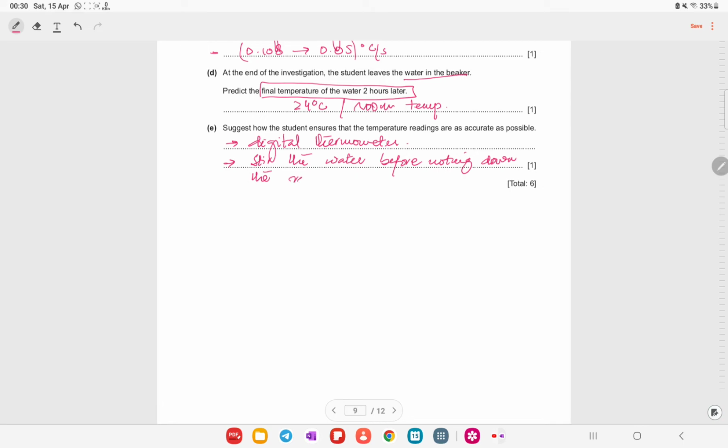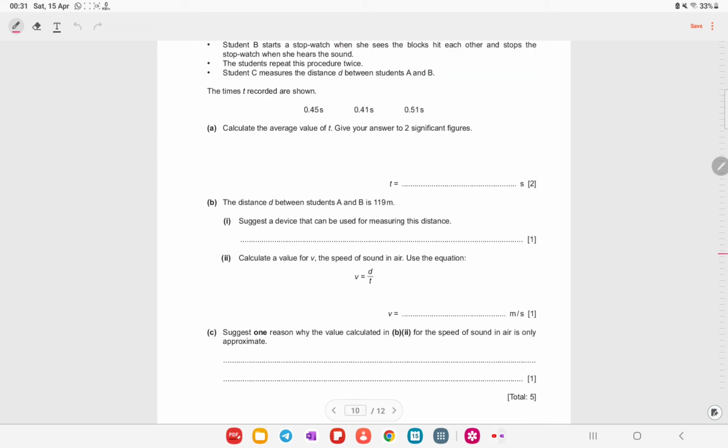Again, I am writing 2 or 3 ways, so you can opt for one, and make sure that the thermometer is not touching the beaker, because we are more interested in the rate of cooling of the water.